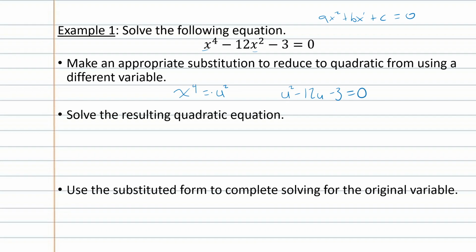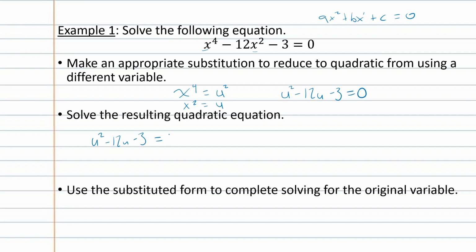Because if x to the fourth equals u squared, that means x squared has to equal u, right? So we're able to substitute in u squared for x to the fourth and u for x squared. Now we have a resulting quadratic equation, u squared minus 12u minus 3 equals 0. Now we can solve that resulting quadratic equation. We'll start by factoring, if possible.